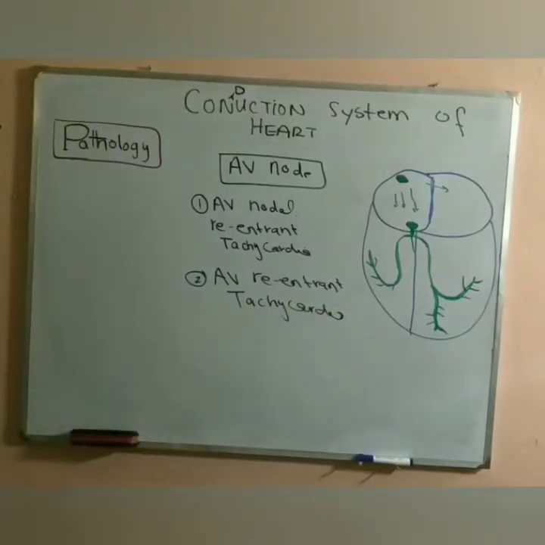The impulse is generated in the SA node, passes down to the AV node to the ventricle, but the ventricle has another accessory pathway, though not into the AV node, somewhere not very near to the AV node. And through that pathway, either it goes back or comes forward and goes back through the AV node. So this is known as AV reentrant tachycardia as opposed to AV nodal reentrant tachycardia. So these two pathologies are associated directly with the AV node.